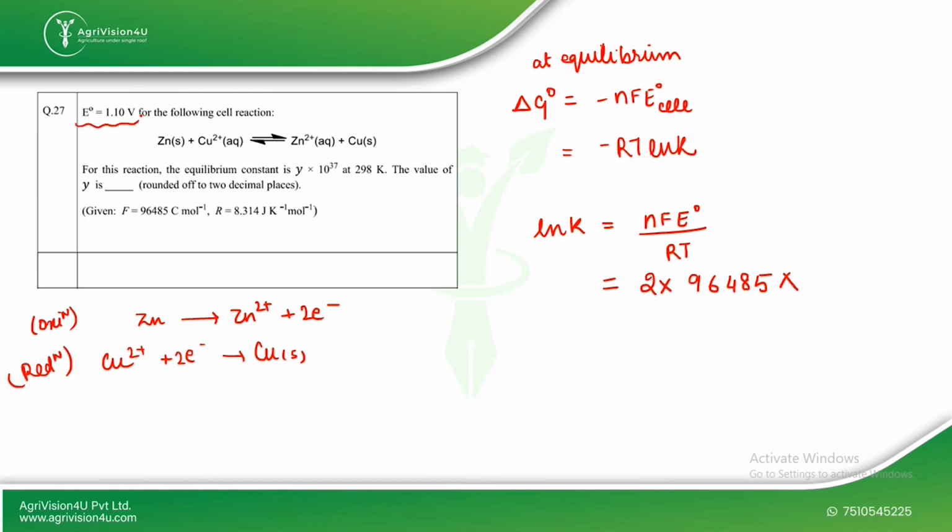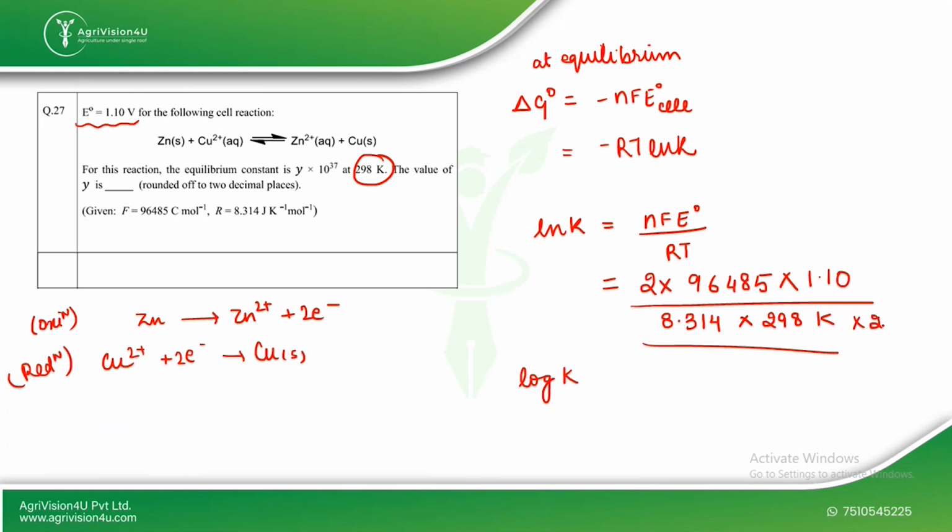E naught cell is given to you as 1.10 volt, divided by the R value, the gas constant 8.314, and the temperature given to you is 298 Kelvin. When you do the calculation, if you write log K, then this whole value will be further divided by 2.303.